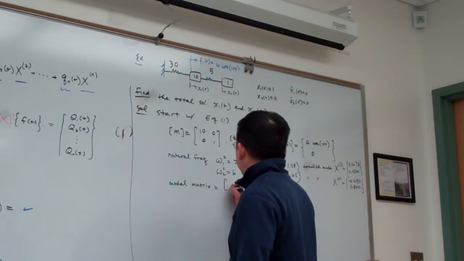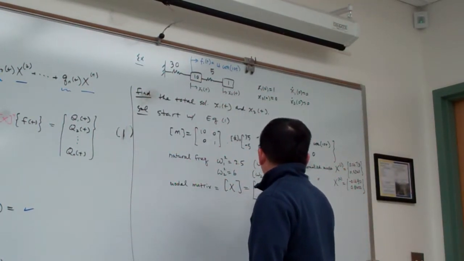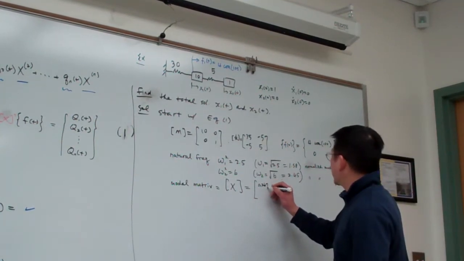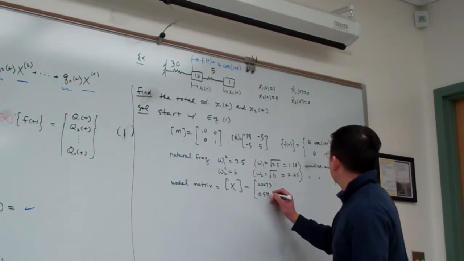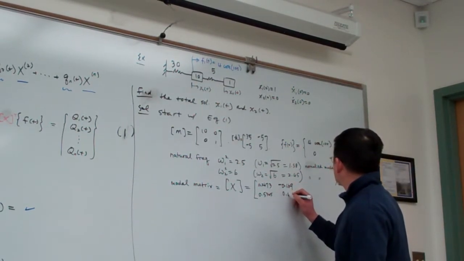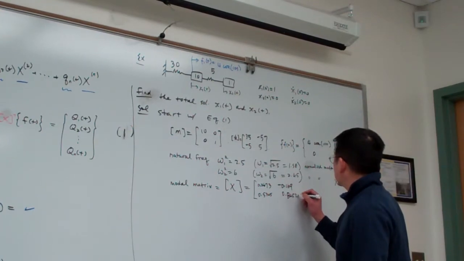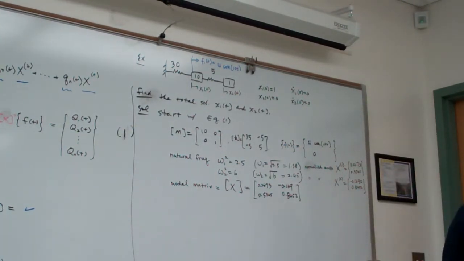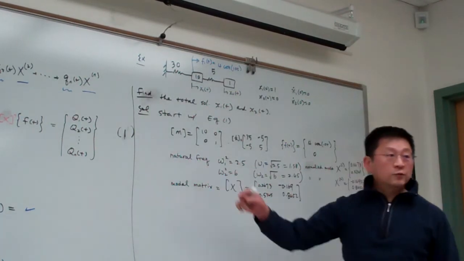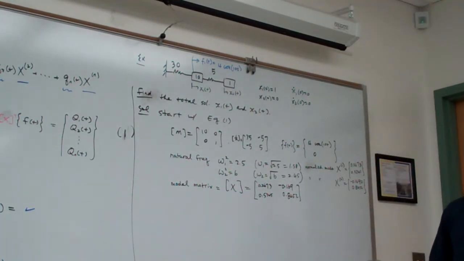Modal matrix X equal to the combinations, 0.26... Okay, let me write it again. Everything ready, then we are able to utilize equation 1, and I'm going to plug in all the information.